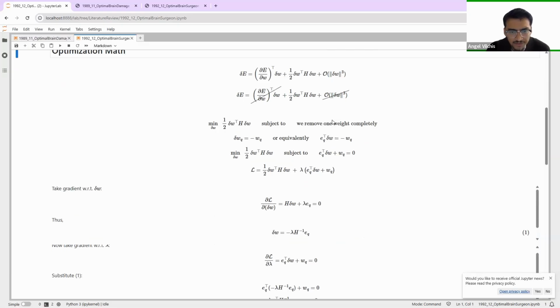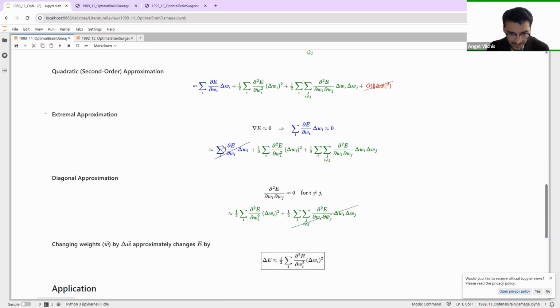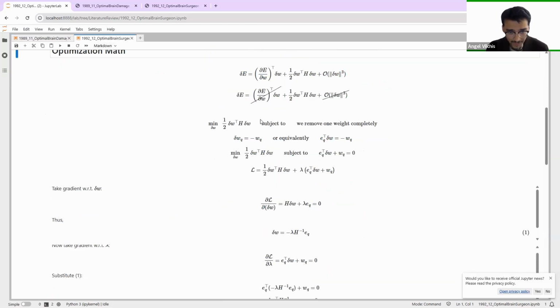So the difference with optimal brain surgeon is they take an optimization approach as opposed to just algebra and calculus. So what do we want to do if we take an optimization approach? Again, we're removing one weight completely.